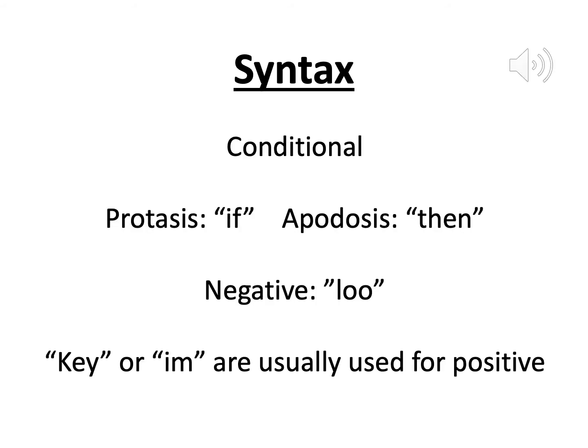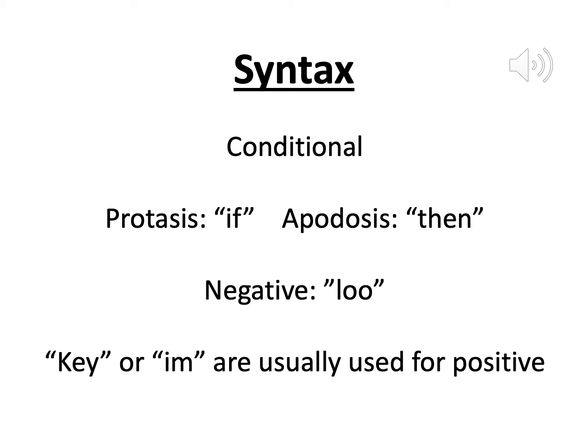Occasionally, clauses are used and related to each other conditionally. We've already talked about this when we talked about ki clauses, so I'm not really going to give any examples here, except to say that in conditional clauses, the if statement is usually called the protasis, and the then statement is usually called the apodosis.